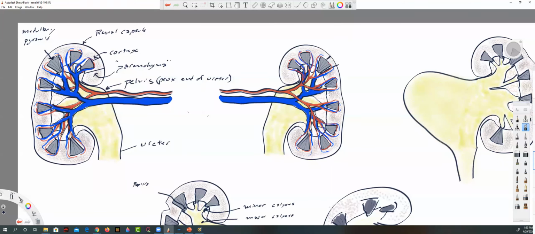But in between the pyramids, the medullary pyramids, are columns of tissue, really, because they're not quite cortex, they're not pyramids, they're still considered part of the medullary layer, which I don't like to say because it gets a little confusing, but the whole medullary layer includes this area and the pyramids too.